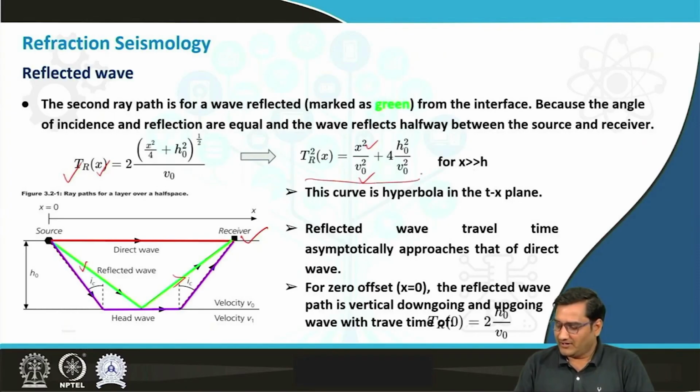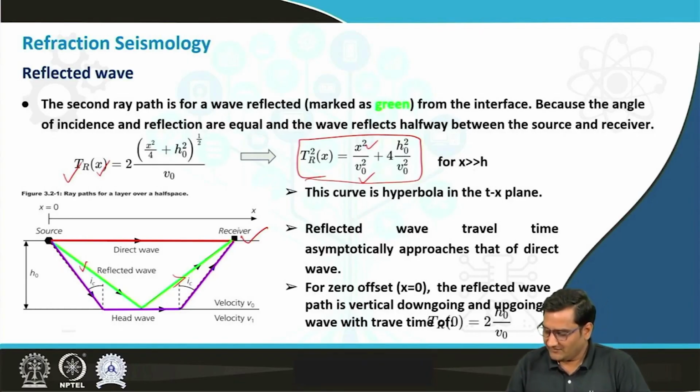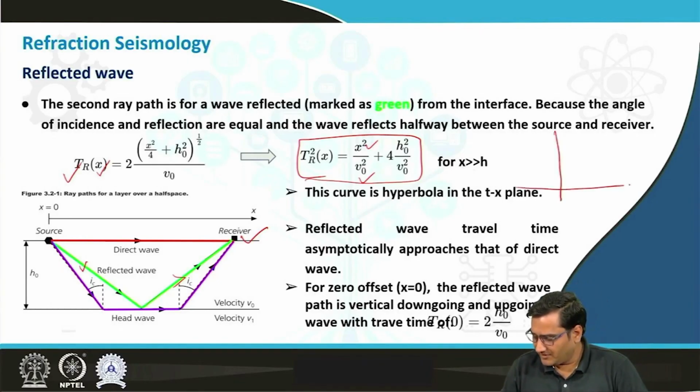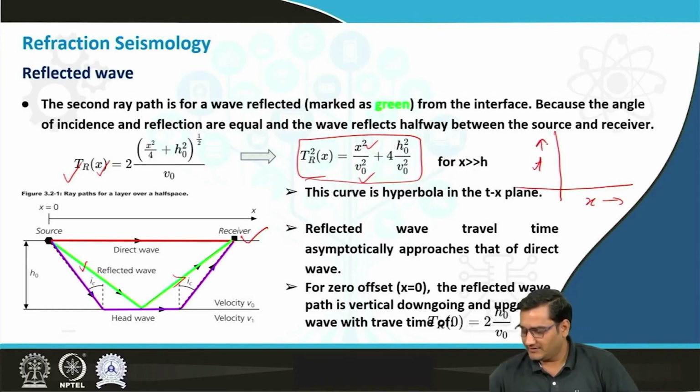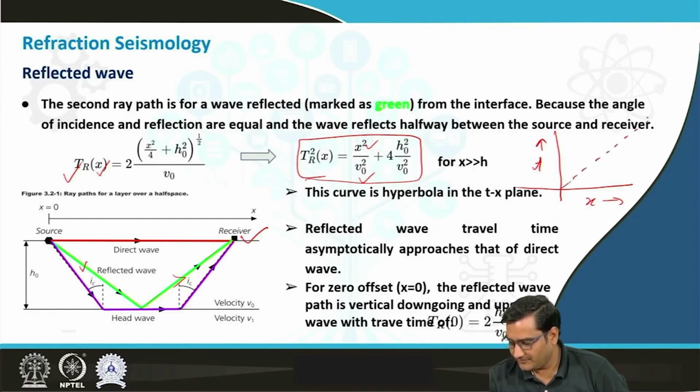And this particular equation represents a hyperbola in the t-x plane, and the reflected wave travel time asymptotically approaches that of the direct wave. Which means that if you have time here and x offset here on the x-axis, then the travel time curve of the direct wave will be something like this, and the reflected wave will be something like this.